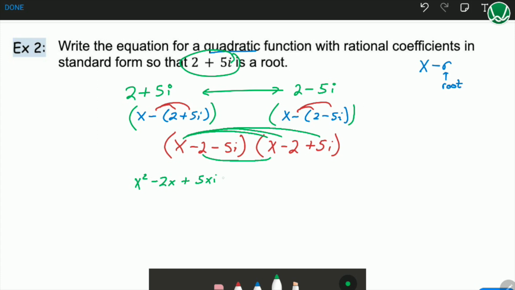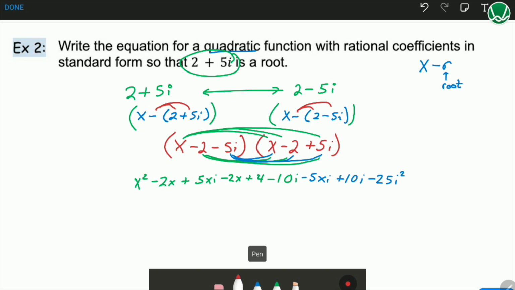Then go through with negative 2, negative 2x, positive 4, and negative 10i. And then we'll change colors for the last one. Negative 5i times x is negative 5xi. Negative 5i times 2 is positive 10i. And then negative 5i times positive 5i is negative 25i squared.